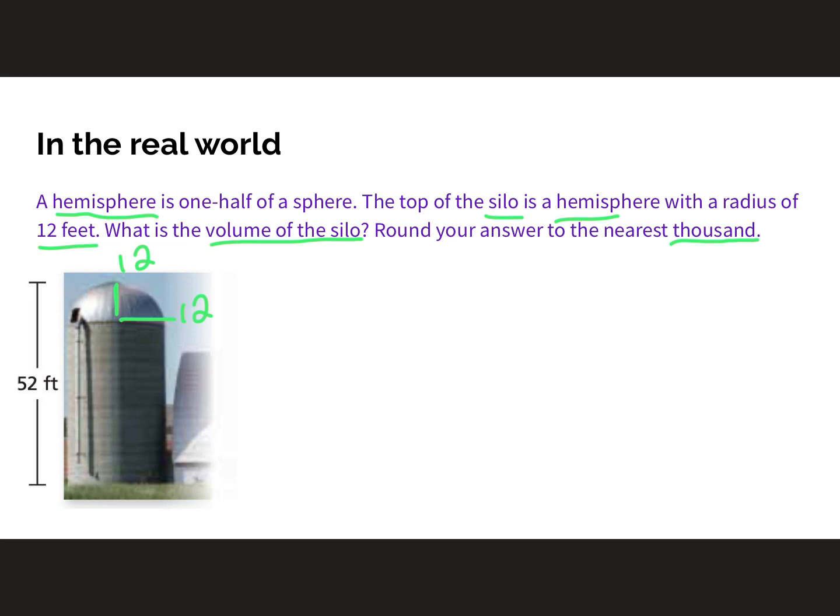So we need to find this height here for our cylinder. Well, the entire thing was 52, but if we subtract the 12, we get 40 as our height. So let's start out doing our cylinder first. So our volume equals pi times 12 squared times 40. And again, you can just put that whole thing into your calculator.